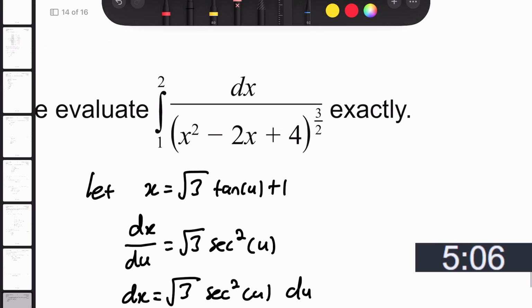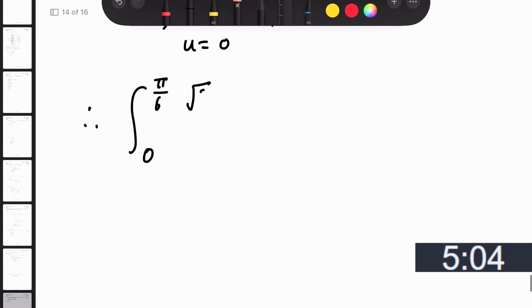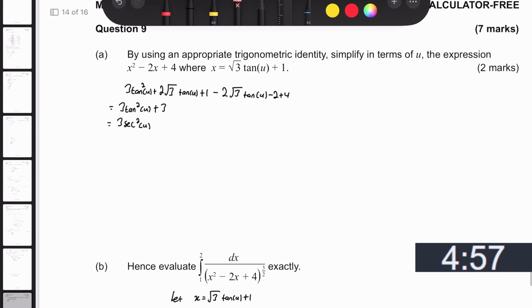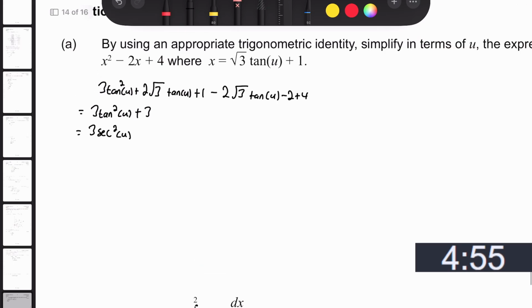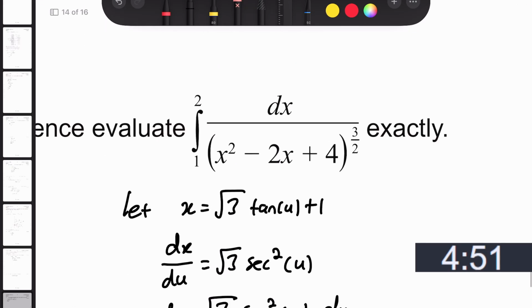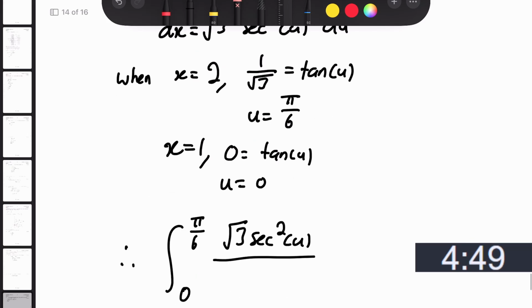dx is going to be square root of 3 secant squared of u, all over, and we know that this is 3 secant squared of u, and then it's to the power 3.